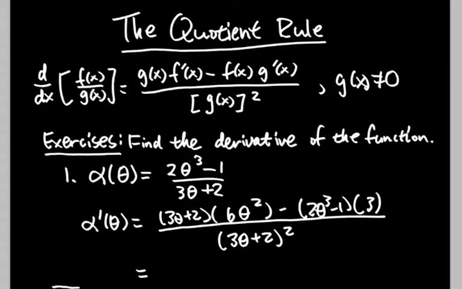And then you just distribute things out. And then, let's see. That'd be 18 theta cubed plus 12 theta squared minus 6 theta cubed minus 3 all divided by that thing.